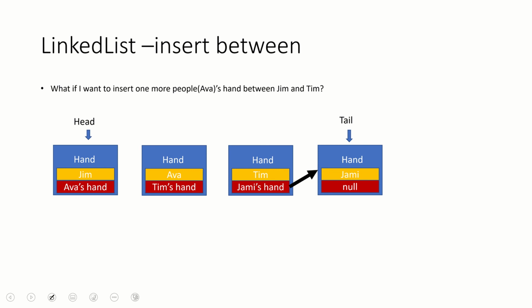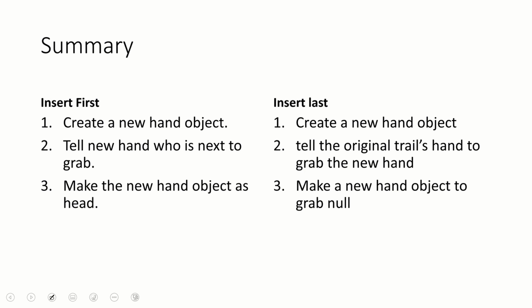After that, Eva's hand needs to link to Tim. So head and tail are not necessary to change position, right? These two are not necessary to change position.